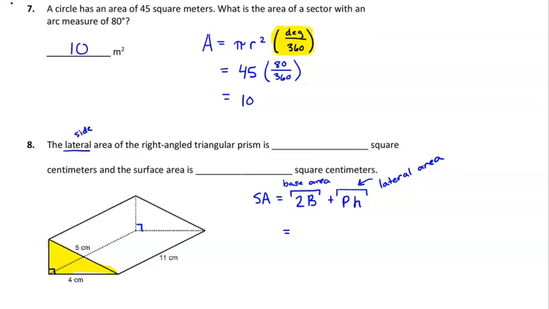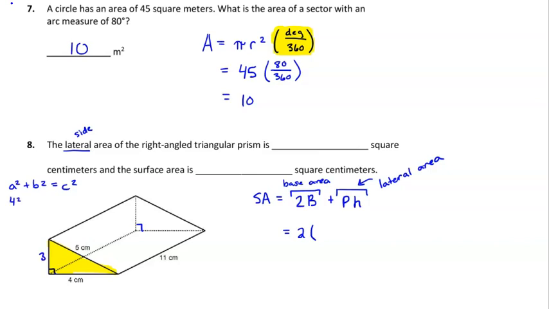So we've got 2 times the area of the base. Well, if this is a triangle, we need the height and the base for our triangle. So I've got a squared plus b squared equals c squared. If you know your Pythagorean triples, you automatically know that this has to be 3. But if you didn't, that's okay.